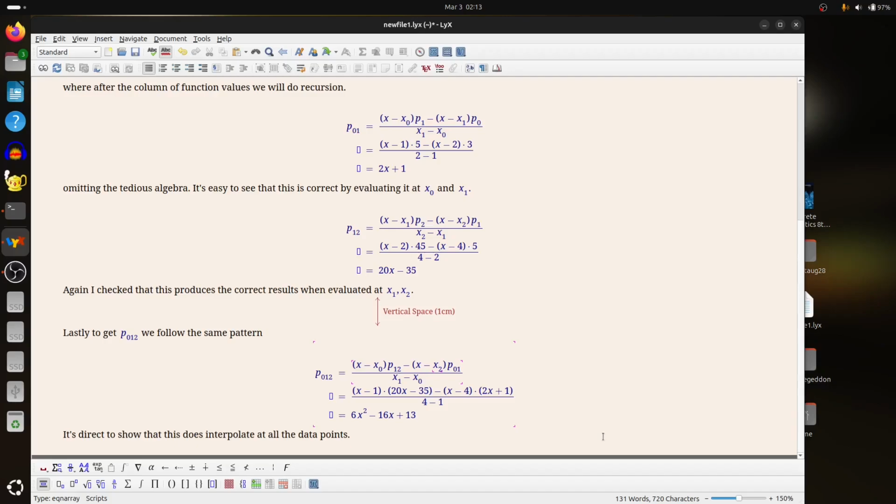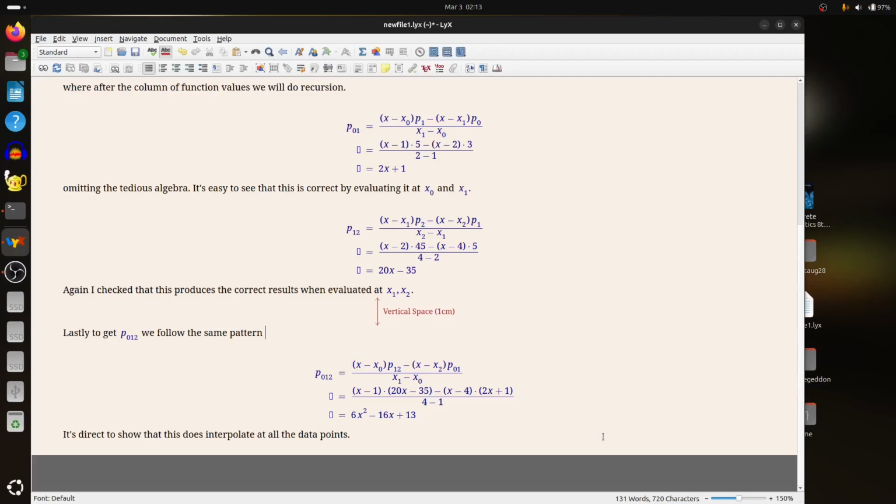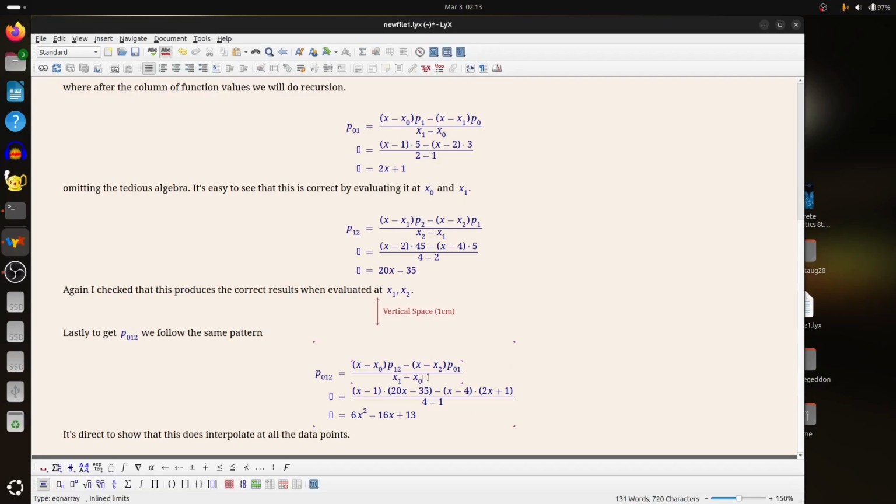P01 is the 2x plus 1. And on the bottom of the fraction, x2 minus x0 is 4 minus 1.